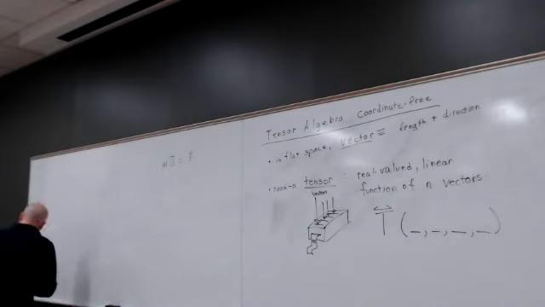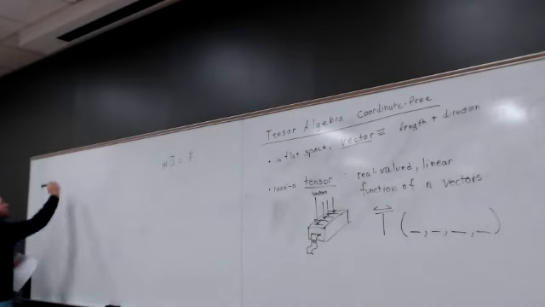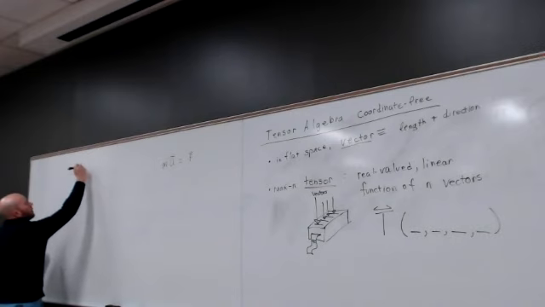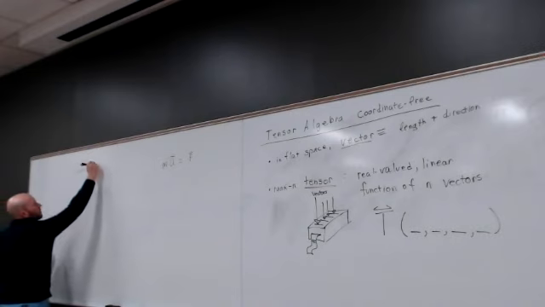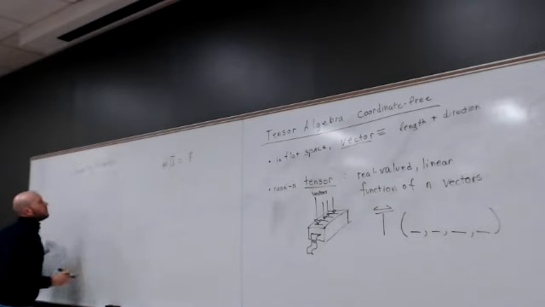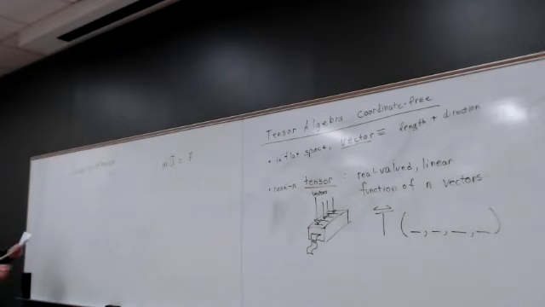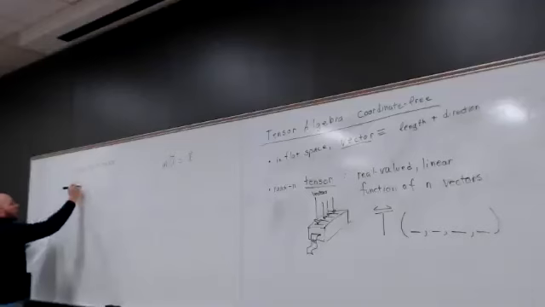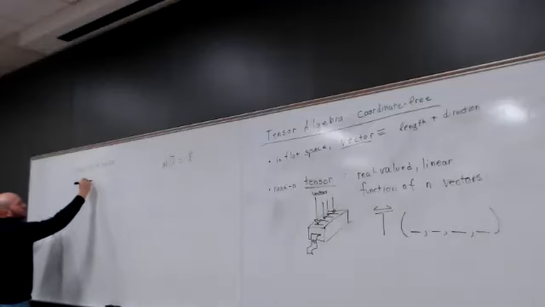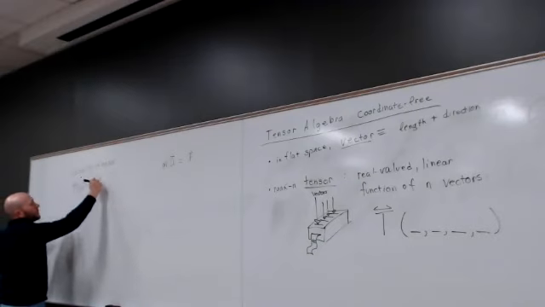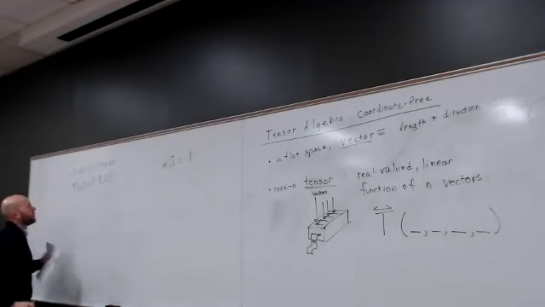Okay. So linearity. What do I mean by linearity? A linear function of vectors. Linearity implies the following, that if I've got some tensor and into it I have input some vectors into its slots, we're going to say that this is a rank-3 tensor, okay?